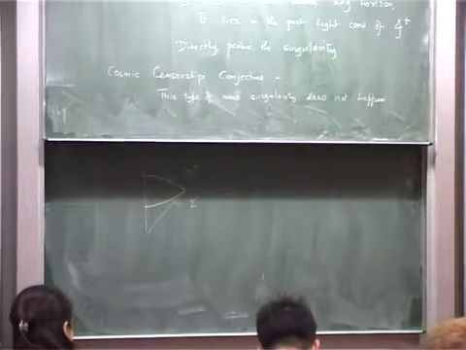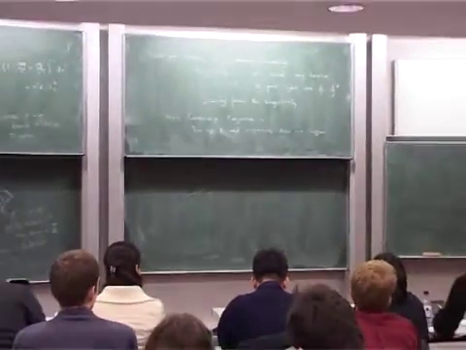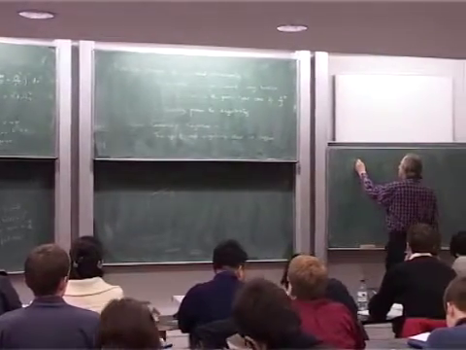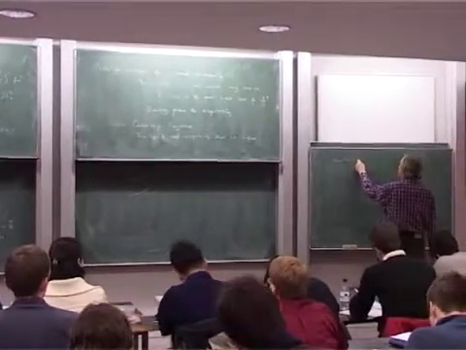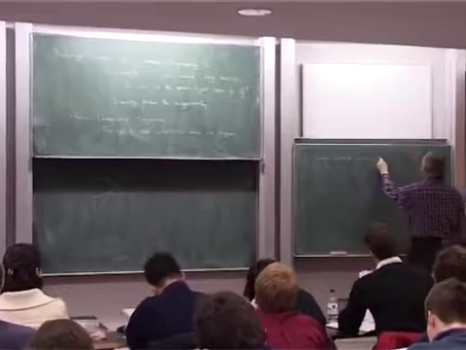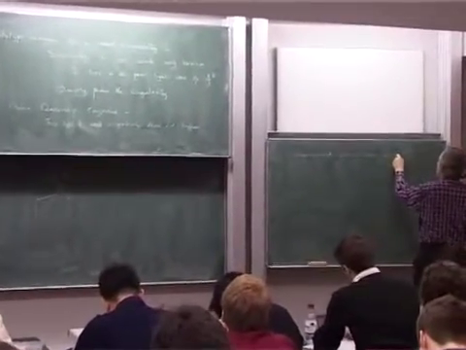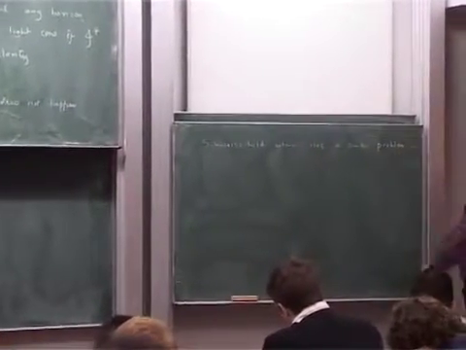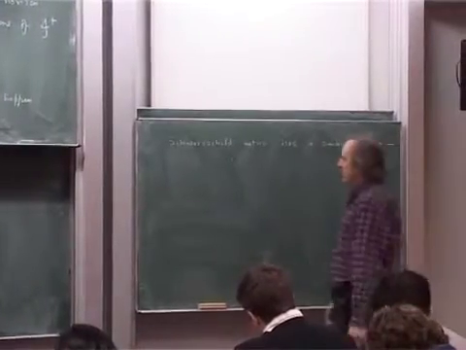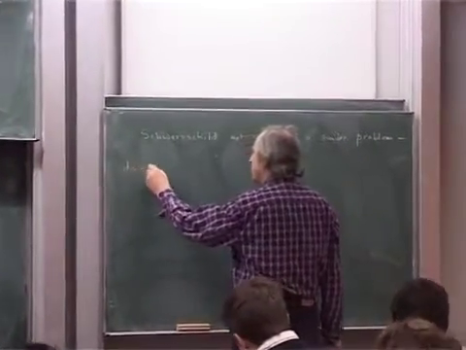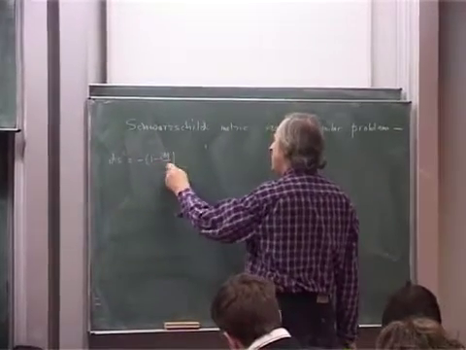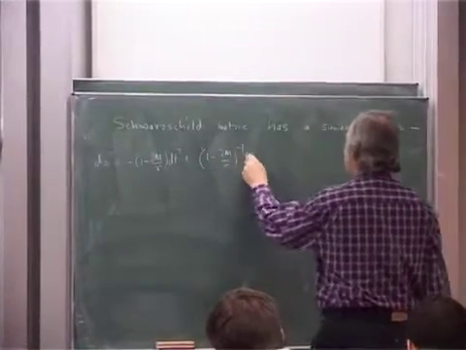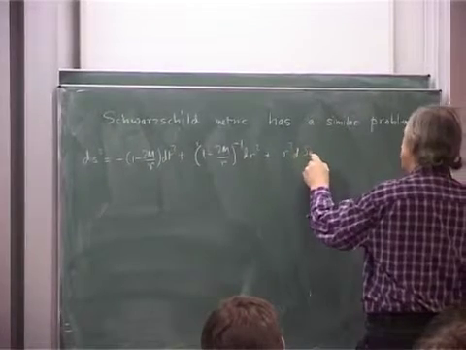Let me add one thing parenthetically to this: the same kind of behavior can happen in the Schwarzschild metric. It has a similar problem. If you go back to the Schwarzschild metric, we wrote it in the form ds squared is minus (1 minus 2m over r) dt squared plus the same thing to the minus 1, dr squared plus r squared d omega squared.